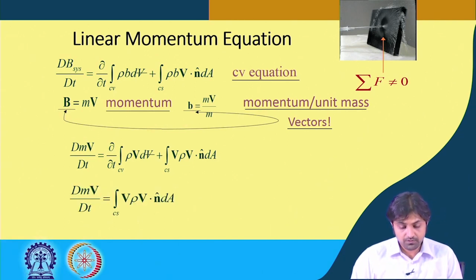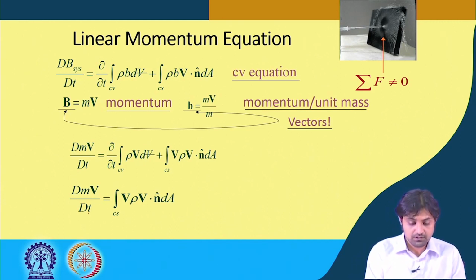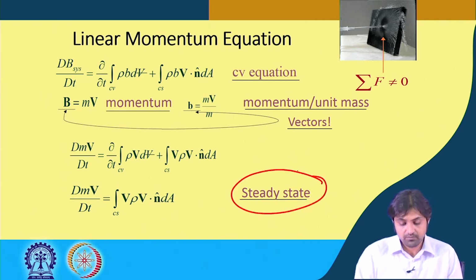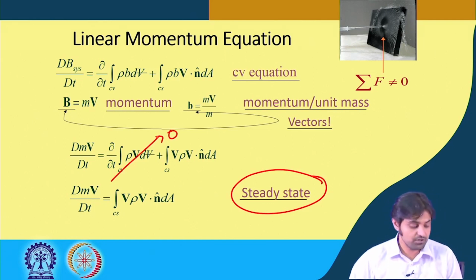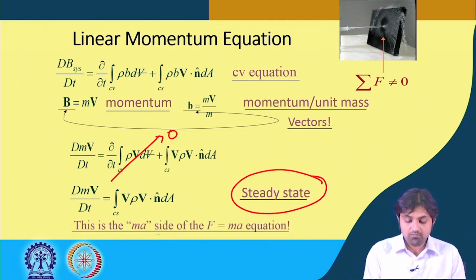It is going to be d(mv)/dt equal to the integral of rho v (v dot n) dA. For steady state, this term will go to 0, because there is no change in property with respect to time. So, del t of anything is going to be 0 for a steady state solution. This is the ma side of the F equals ma equation, the mass into acceleration side.